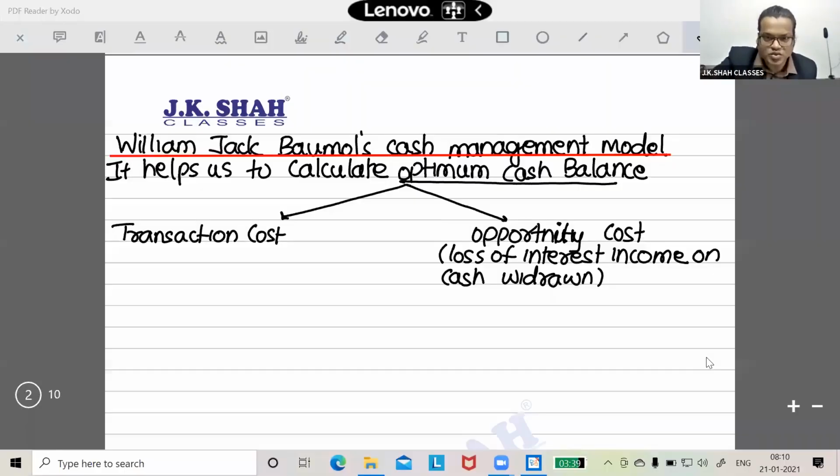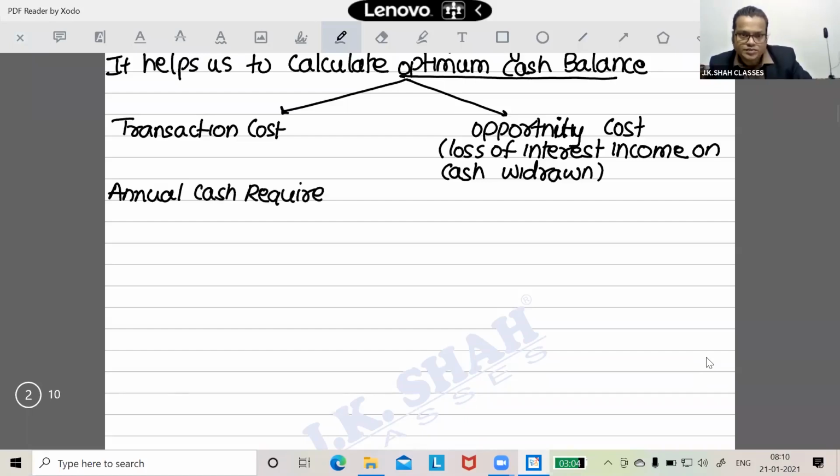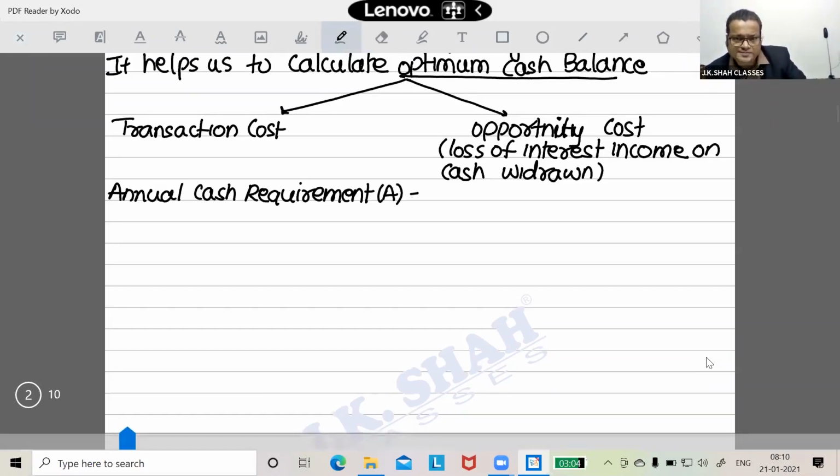Okay, so now, to clear this dilemma and to arrive at William Jack Baumol's cash management model, let's take one simple example. Let's say the annual cash requirement, also known as A, is 80,000 rupees.